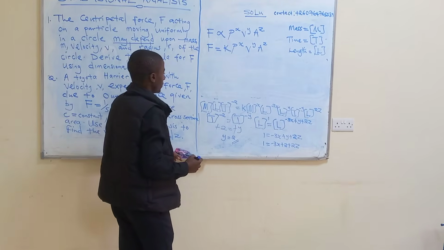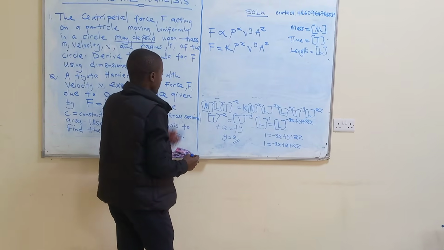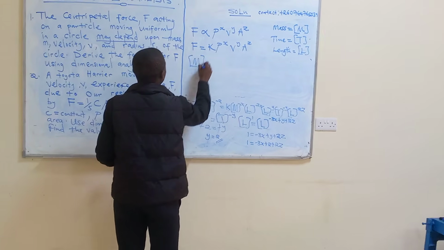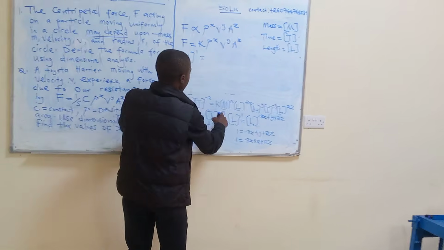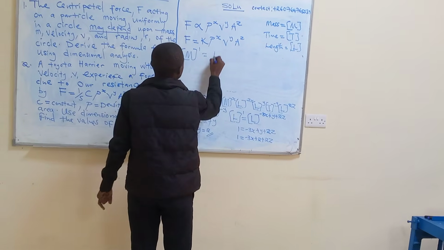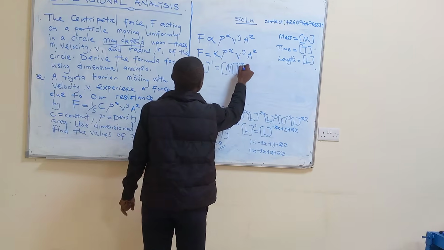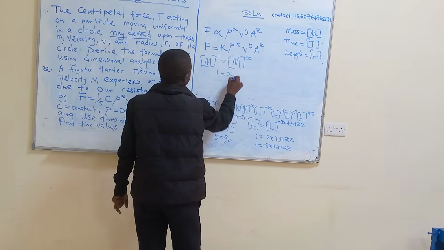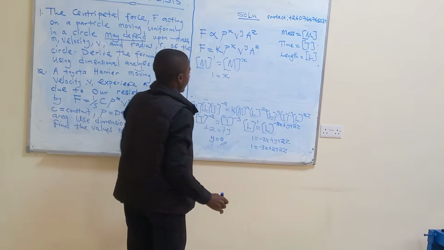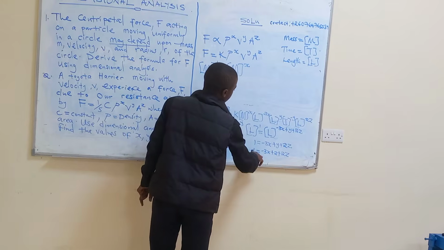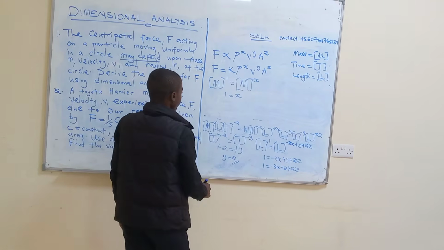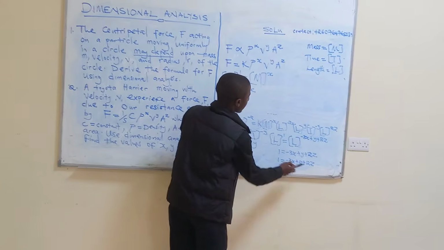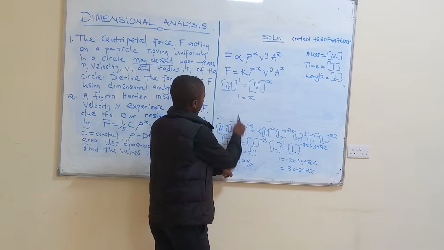What we are going to do, we are going to focus now on the M. So this is M raised to power 1 is equal to, here we are having M raised to power x. So the bases are the same because the power, that is 1, is equal to x. So x is equal to 1. Now from there, I should evaluate this part here. We have the value for y, which is the one I replaced, and the value for x I've calculated.